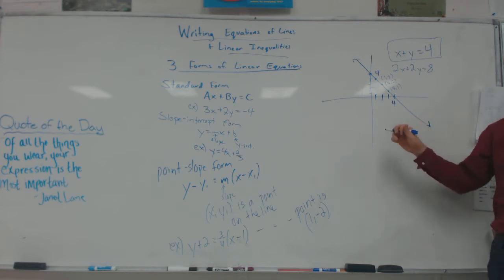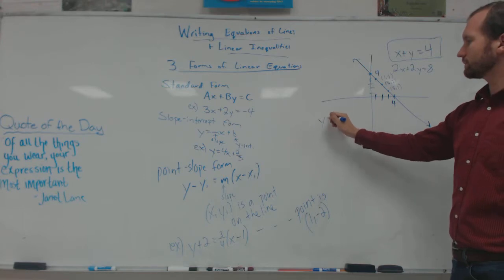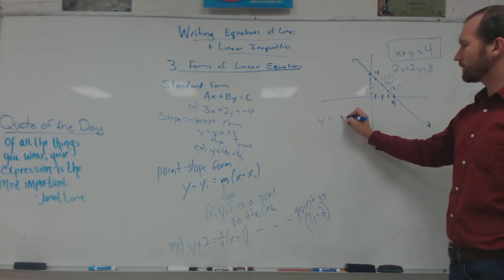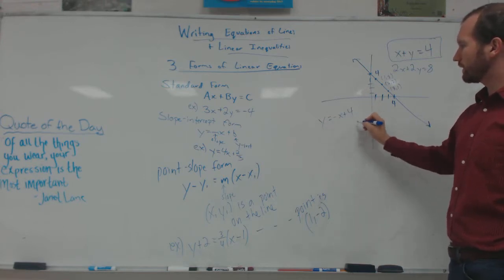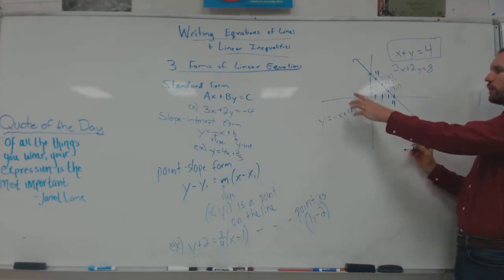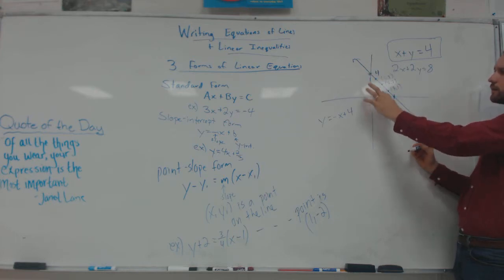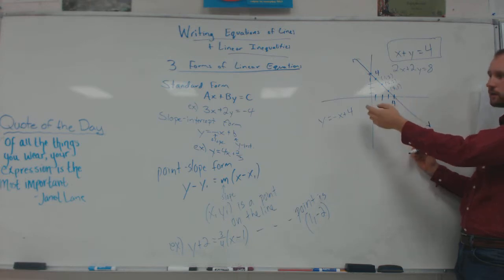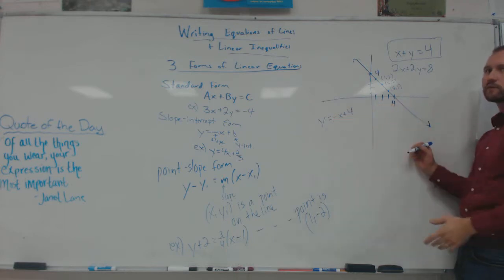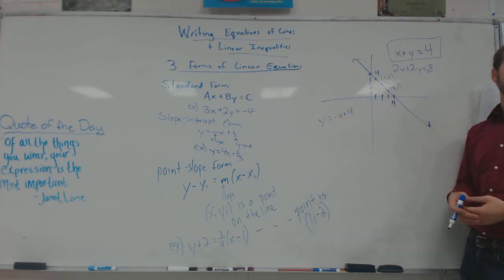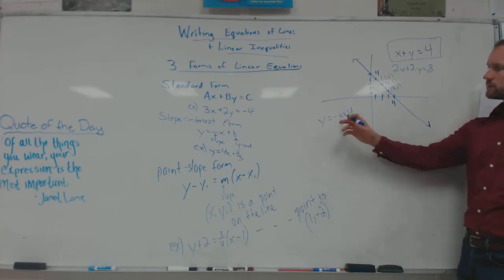Y equals negative x plus 4. Good. So my y-intercept is 4. And then the slope is always going down 1 over 1. Or you could have gotten it just from the beginning, down 4 over 4, which is a slope of 4 over 4 is 1, but negative 1. So this is my slope-intercept form.